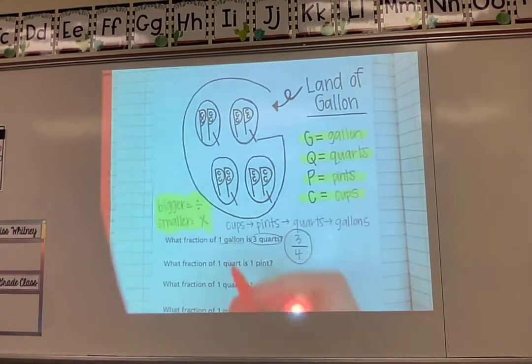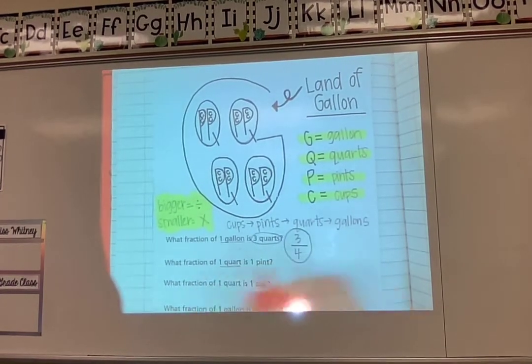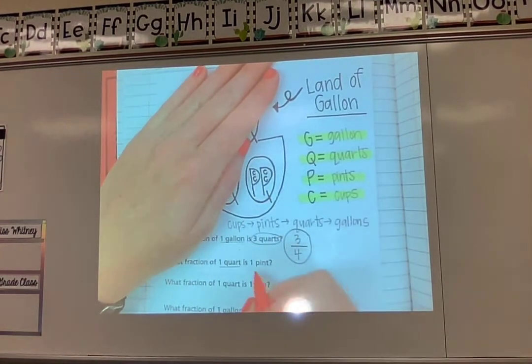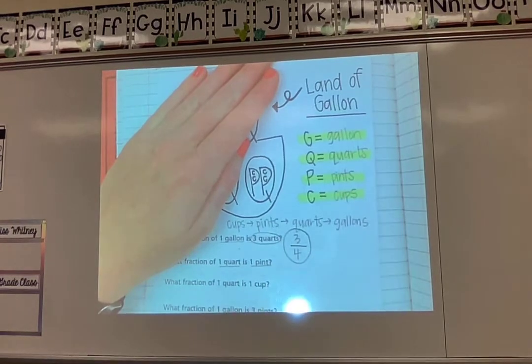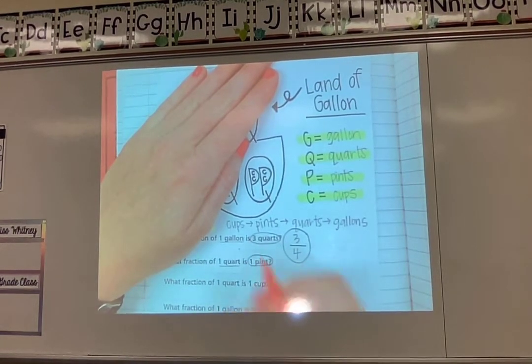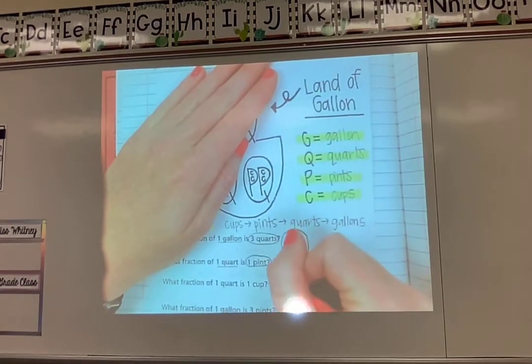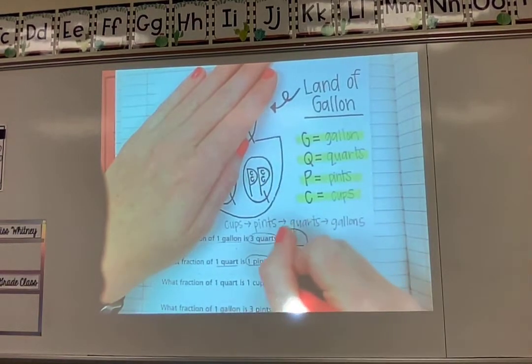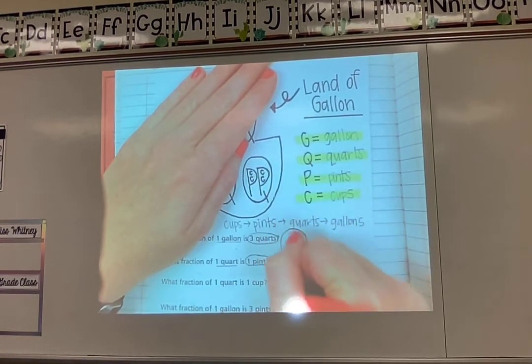What fraction of 1 quart, so I'm just looking at 1 Q, just like that, is 1 pint? So I have 1 pint, that's my top number, out of how many total pints are in that quart? 2. So I would have 1/2 of them.